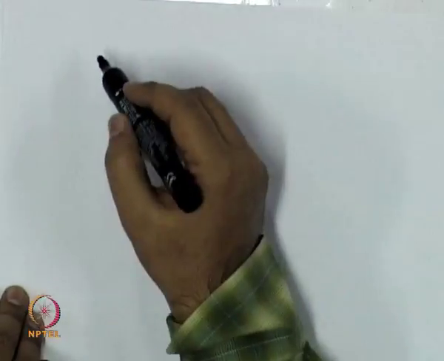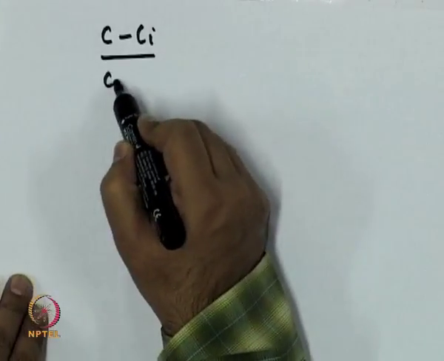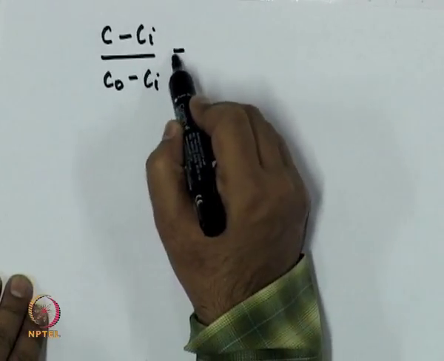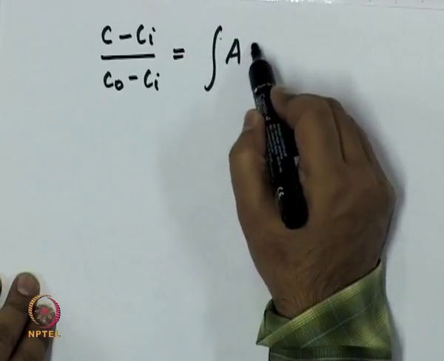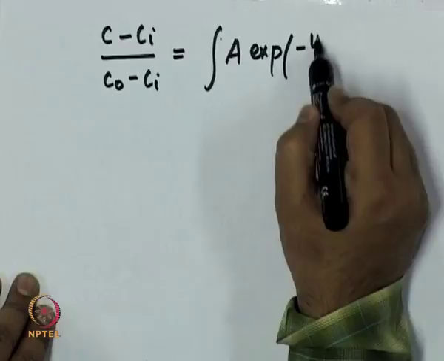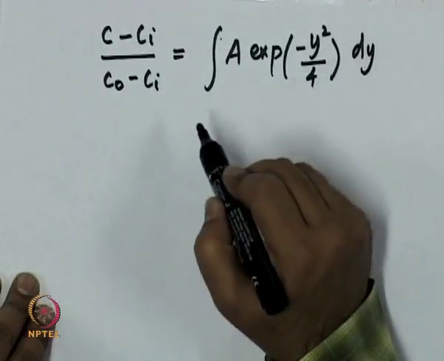So, now I can go back and substitute for eta, and what do I get? Eta was nothing but c minus ci by c naught minus ci, which is equal to integral a exponential minus y squared by 4 dy.